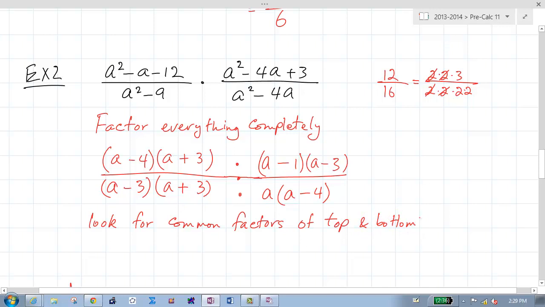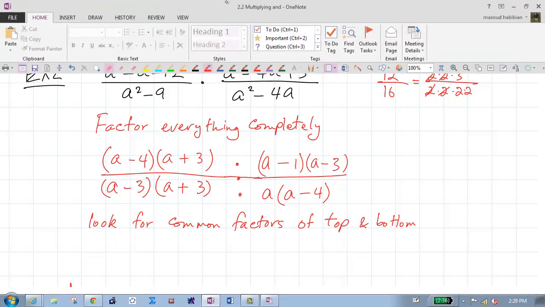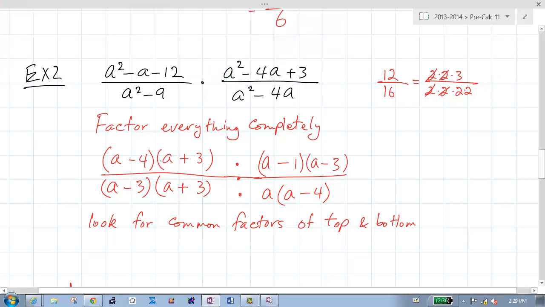If I'm looking for the factors of numerator and denominator that are the same, the first thing that comes to our attention is a minus 4 is common between the numerator and the denominator. Then I go, okay, a plus 3 is common. I cancel them out.